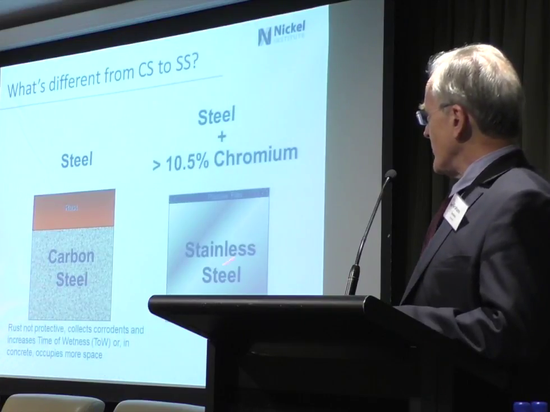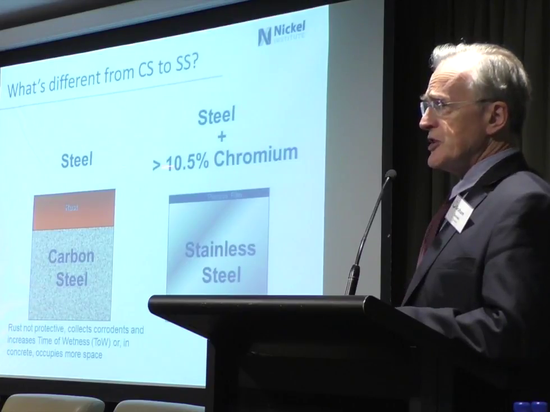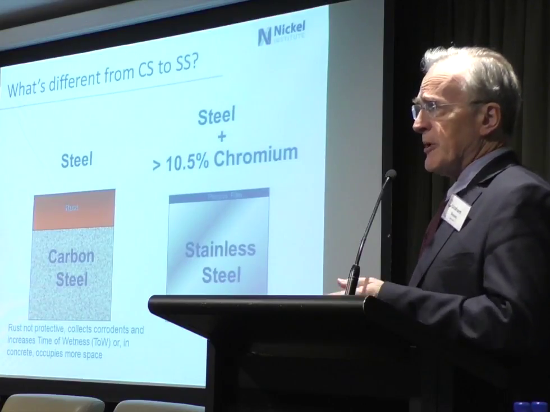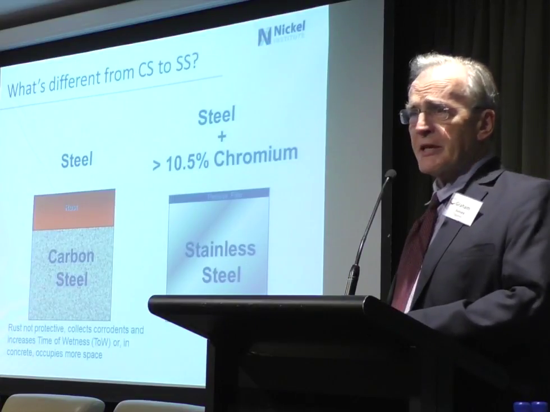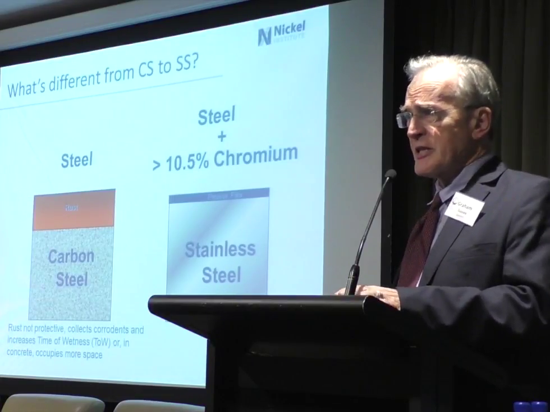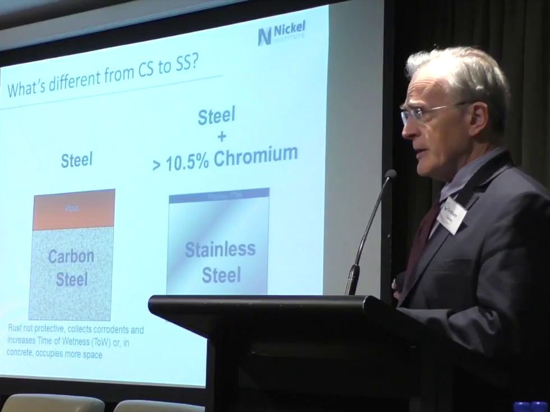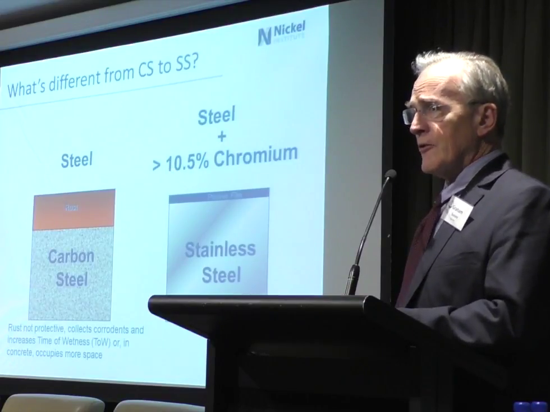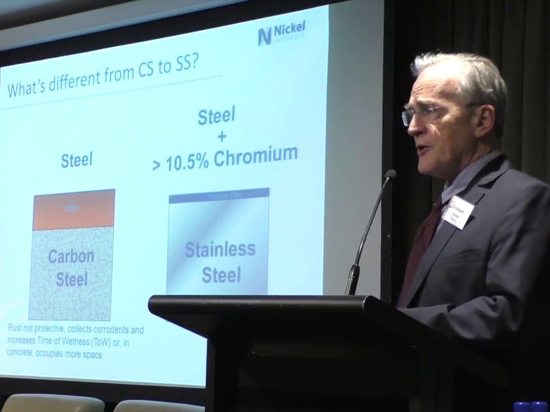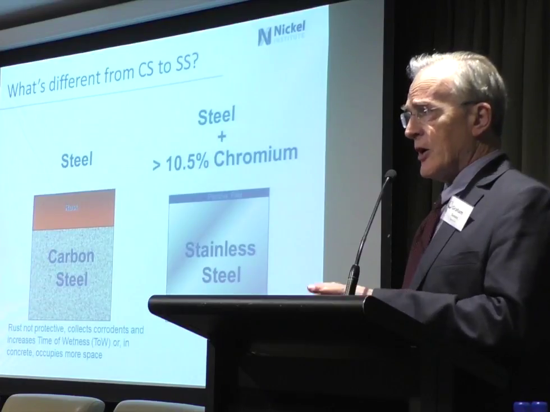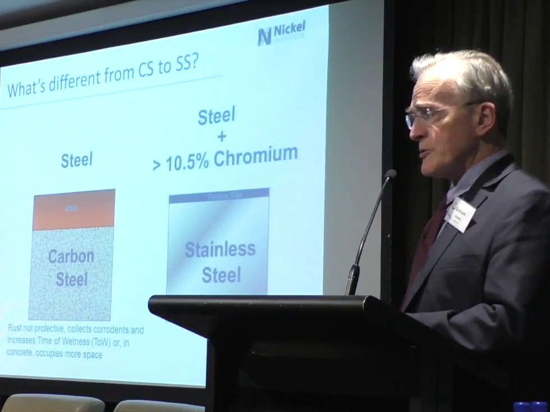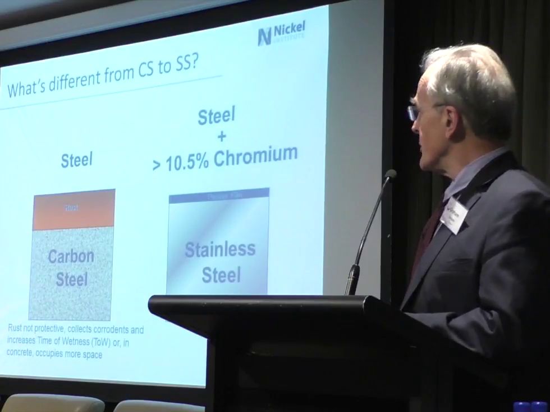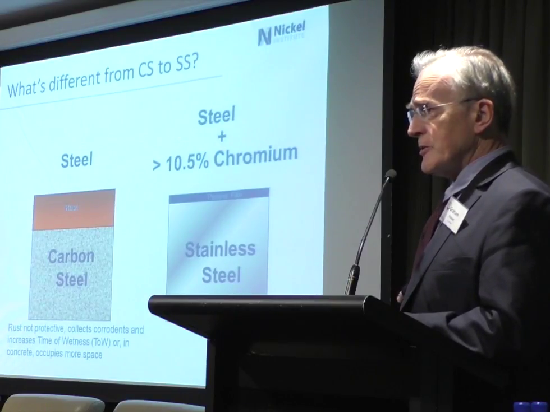If you add 10.5% chromium, and this isn't an Australian definition, it's an international definition decided by the customs people, it's a stainless steel. You mightn't think it's a stainless steel, but it is. Equally, if you've got 9% chromium, it is not a stainless steel. It's a high chrome alloy, and there are high chrome alloy reinforcements around in some of the standards too, but it's not a stainless steel.